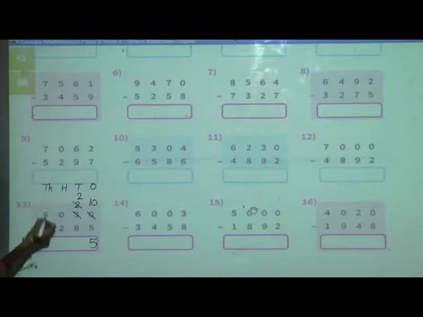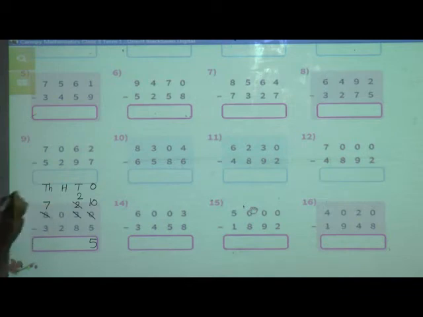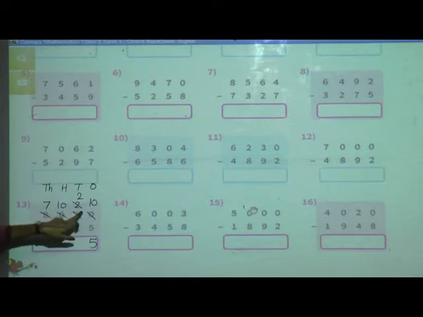This neighbor is having 8. So we will cut this 8, and 8 minus 1 is 7. Then we will take one borrow from this thousands place. Here 10 will become. Now from this 10 we will take one borrow, he will give 1 to the tens place.